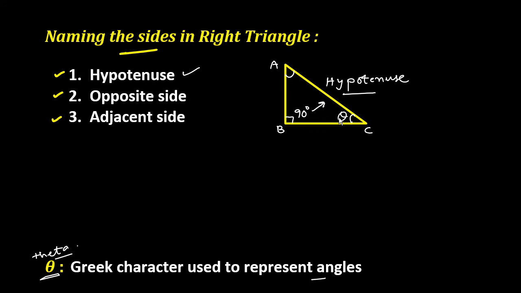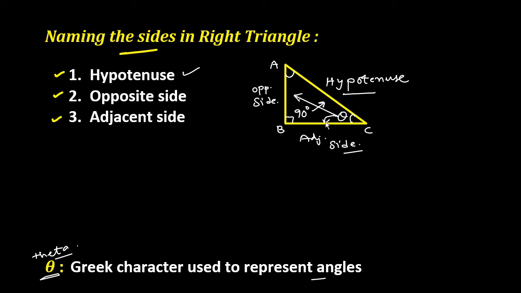And now the side which is opposite to the acute angle theta is called opposite side, and the side which is beside, which is adjacent to theta, is called adjacent side. This is how we name the sides of a right triangle or right angled triangle.